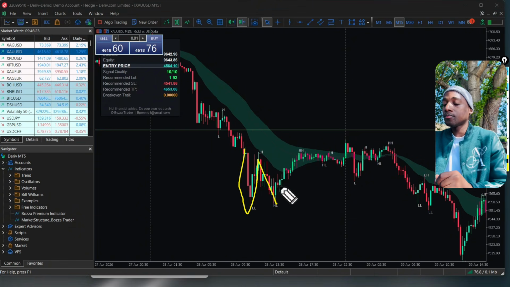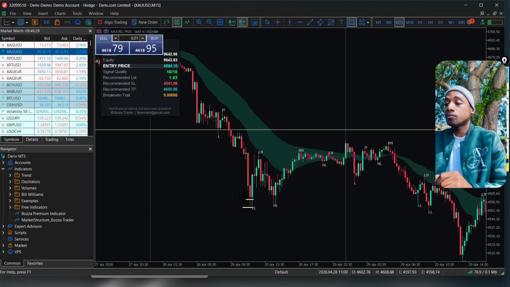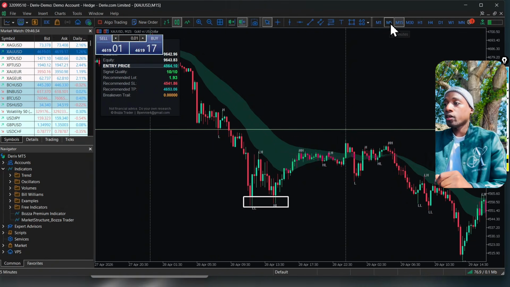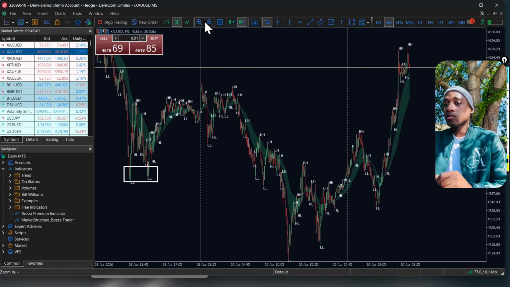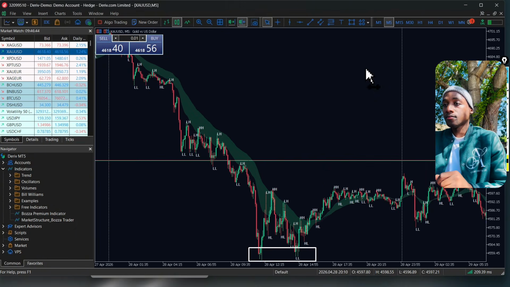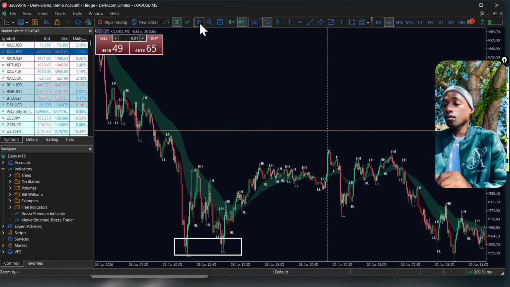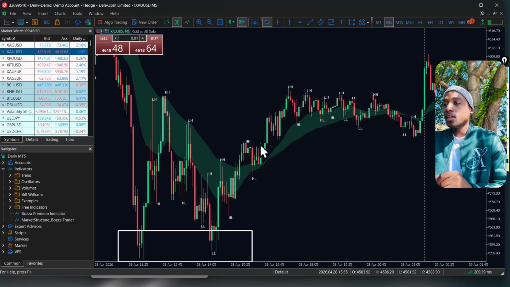On this day, a very nice W, below which we have our support area, and we can now change the time frame to M5. We can zoom out, go to this day, zoom in. Do we have any entry of a buy?